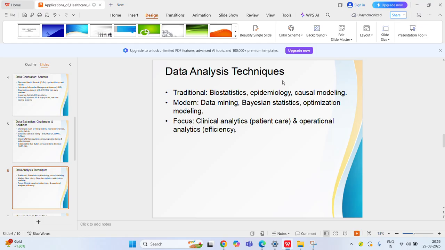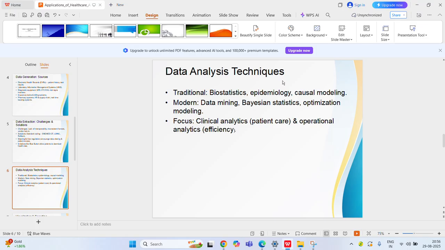This clinical analytics involves improving patient care. This type of data is very different from process-oriented data and may include genetic data as well as clinical records, which are often narrative and may be more difficult to analyze on a large scale.